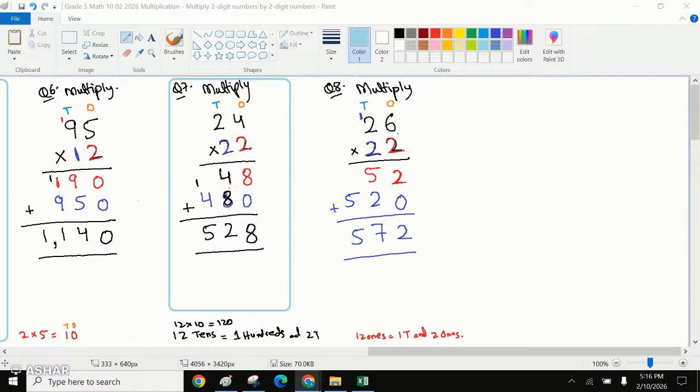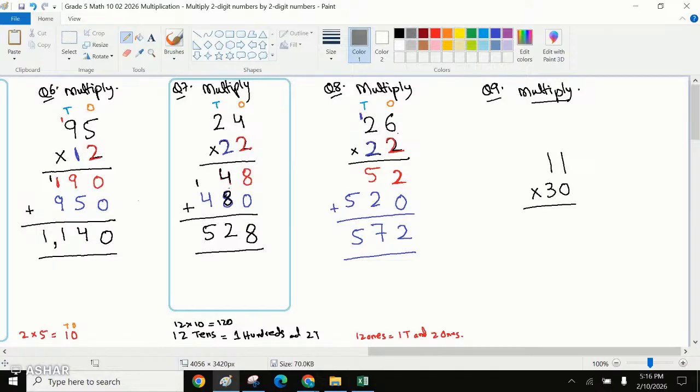Okay, let's see. Easy question. Question number 9. They're saying multiply 11 by 30.